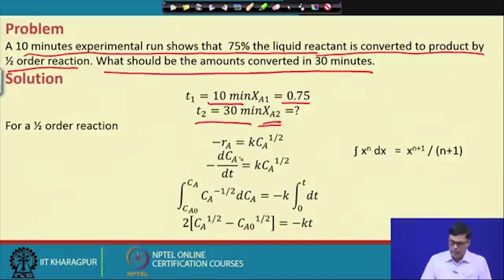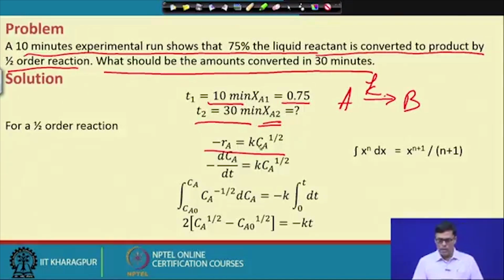Now for the half order reaction, if we assume A to B, and K is the rate constant, I can write minus Ra equal to K into Ca to the power half. So I can write this as minus dCa by dt equal to K into Ca to the power half, then we can take it here.